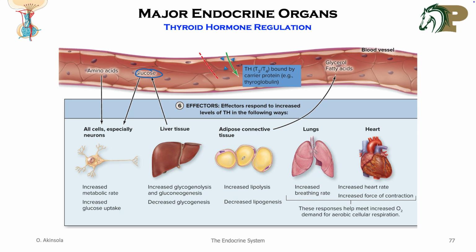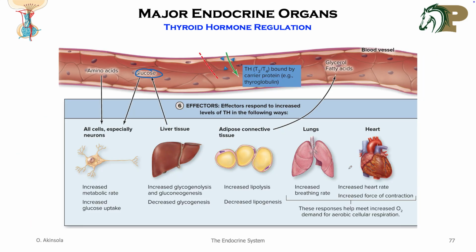Also, fat in the adipose tissue gets increased lipolysis that will release glycerol and fatty acids into circulation. So we see a lot of effects here that are very similar to growth hormone. And then decreased lipogenesis, or decreased formation of fat.